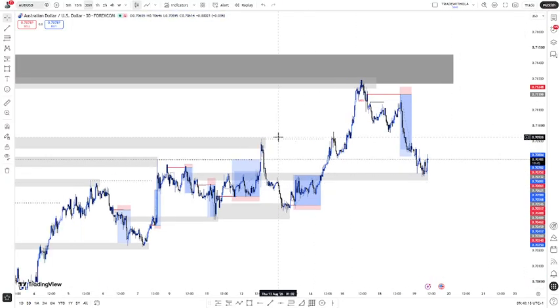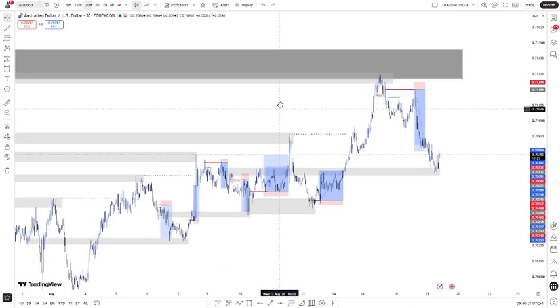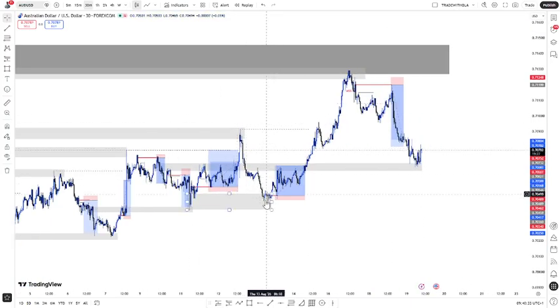When we talk about key levels, I've told you in previous videos their essential importance. We use these key levels as support and resistance levels to know when price reacts from one particular zone to another. Whether you like it or not, price doesn't move from this point to this point for no reason.